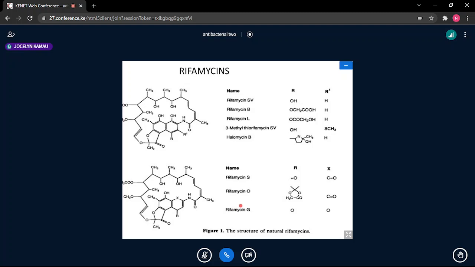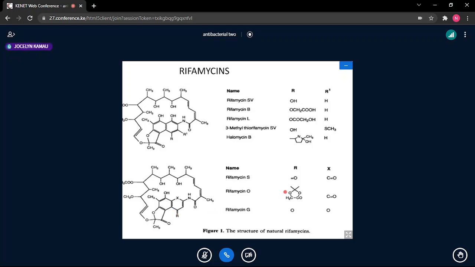And then rifamycin O, the R here is a little bit more complex. You can see it here. It is actually this moiety, the O, CH2, C double bond O. This is the moiety that is found in rifamycin B at this position.